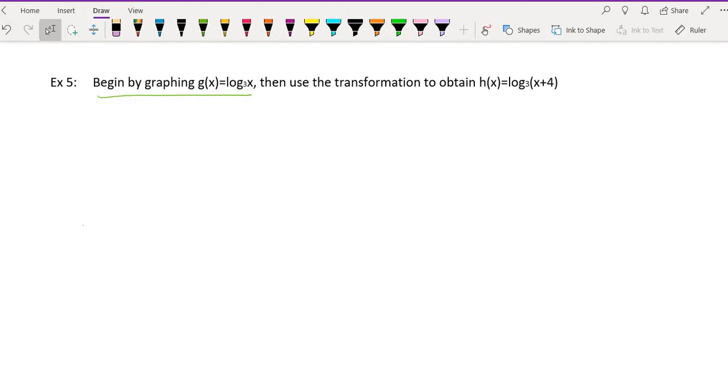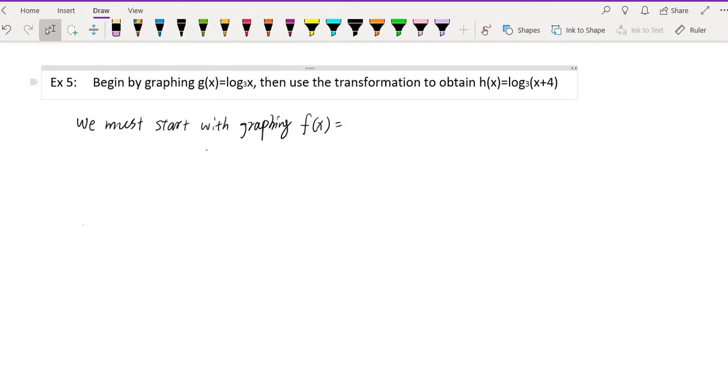Because we said you have to begin by graphing g of x equal to log base 3 of x. So how do we do that? We said the logarithmic function is just the inverse of the exponential function. So we must start with graphing f of x equal to 3 to the x power. Okay, so let's see, why do we have a 3? Because the 3 is right there. Okay, 3 to the x power.